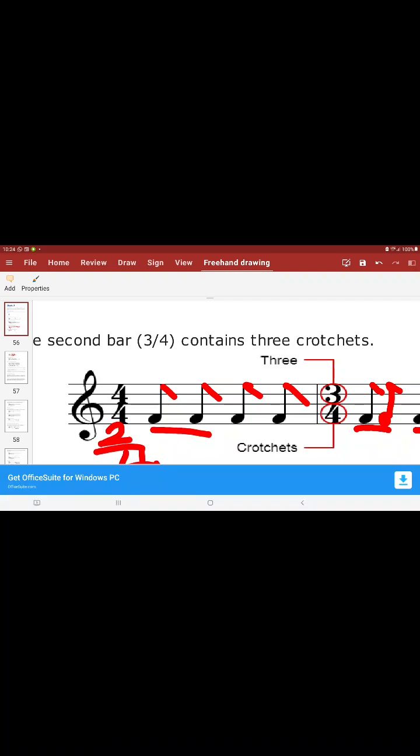I hope you remember this 2 also is 1 crochet. So if this was to be 4/4, then we have under here, here, here. So that's when totaled together you have your 4 crochets.